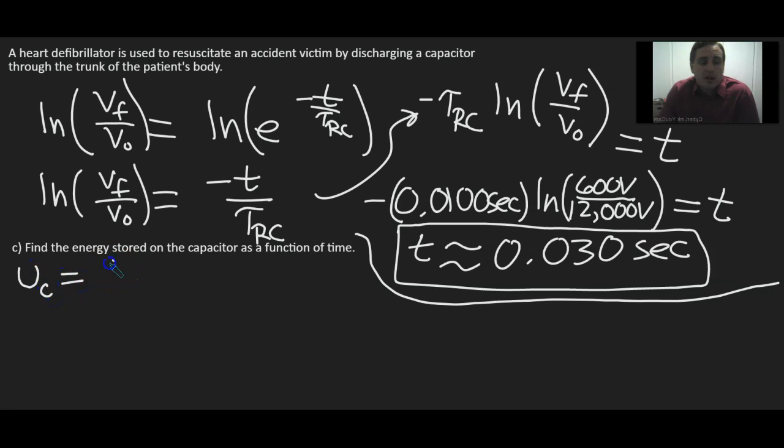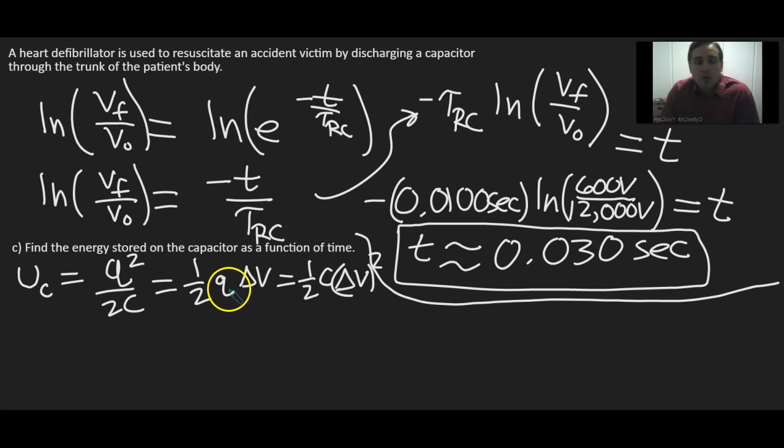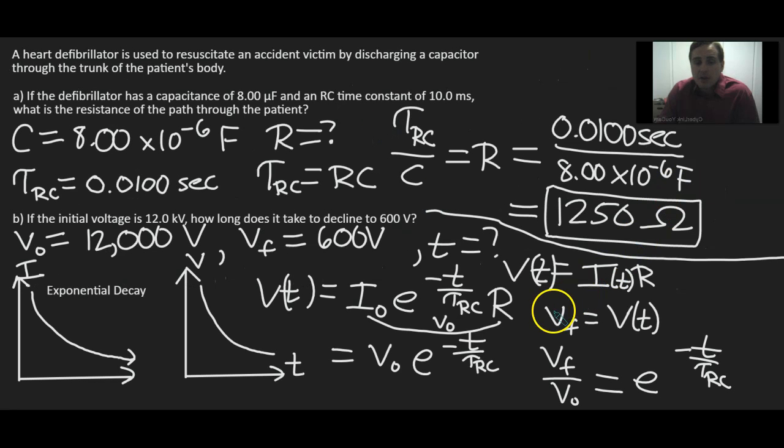It should be Q squared over 2C, or 1/2 Q times delta V, or 1/2 C delta V squared. Now we don't really know much about the charge on the capacitor, the Q, but 1/2 C delta V squared seems to be good because we have the capacitance and we have this function for delta V. We have that written down here on the previous board.